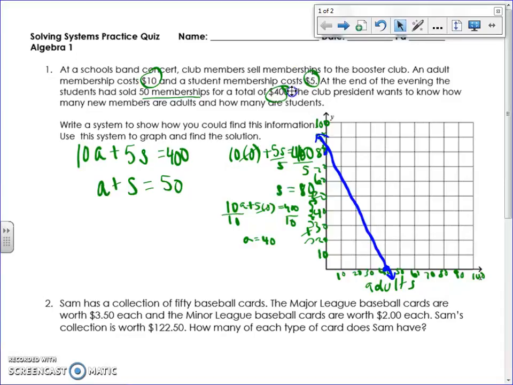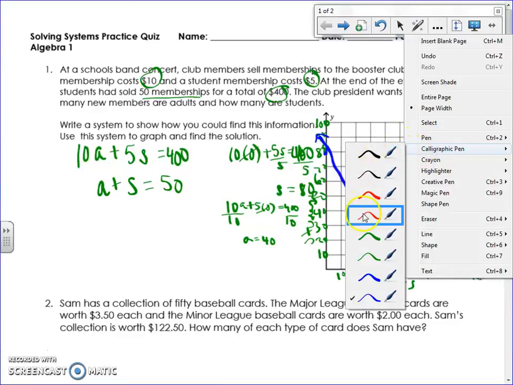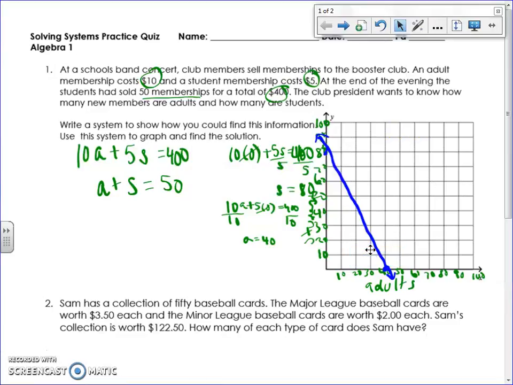Okay, and then we have the second equation, which is a little bit shorter and should be easier to graph. So we have, if I have A plus 0 equals 50, my adults are going to be at 50. So when my students are 0, my adults are 50, and then likewise when my adults are 0, my students will be 50.